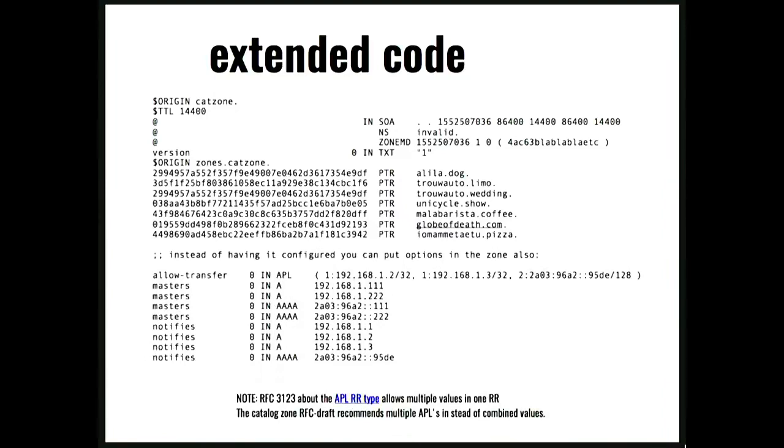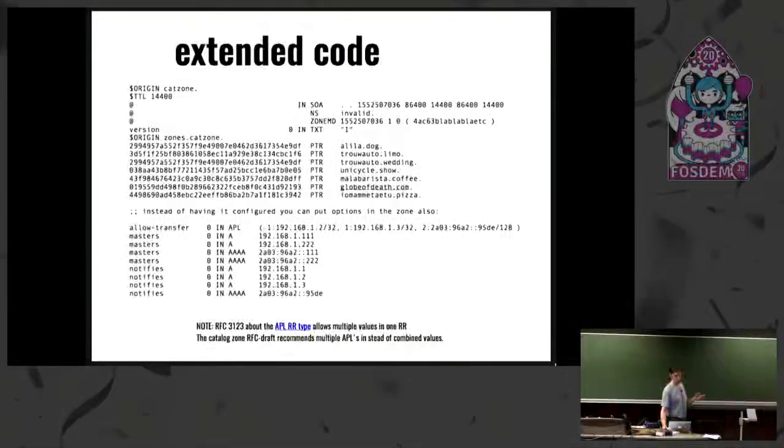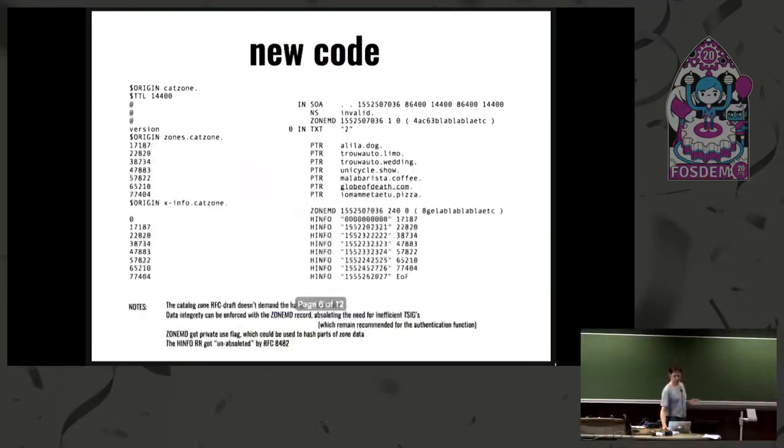At the bottom you see additional config that you can put in there, like your masters, like where to allow notifies from, or allow transfer from. The main important thing is the stuff on the top, here's the stuff that I added.